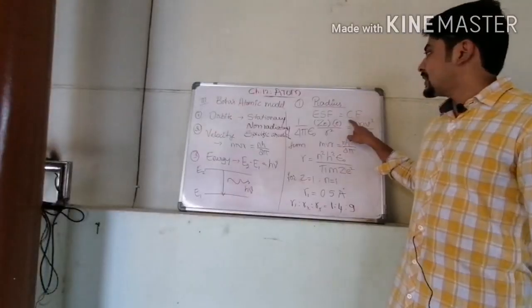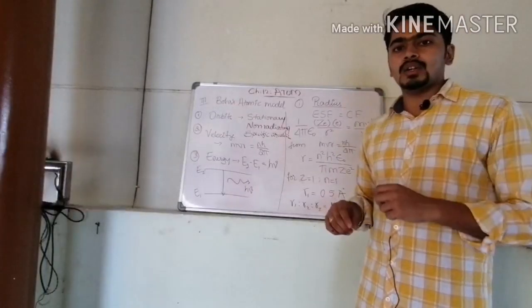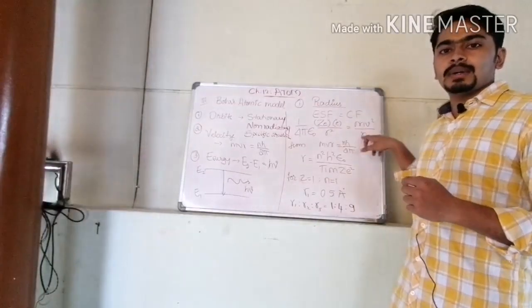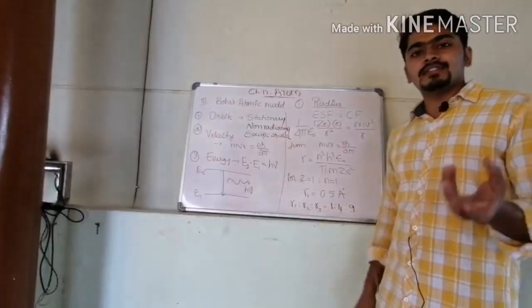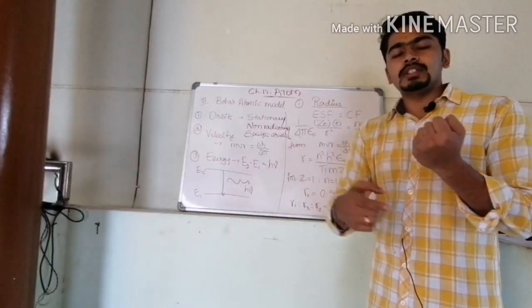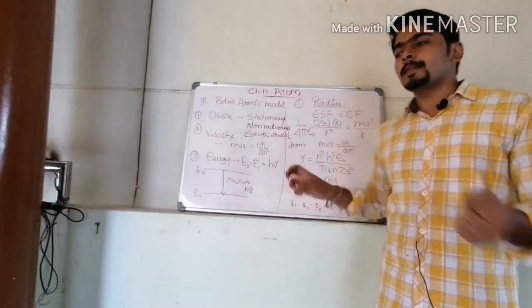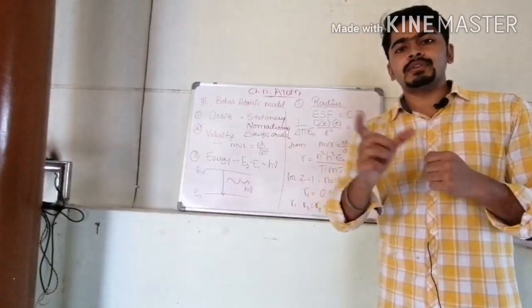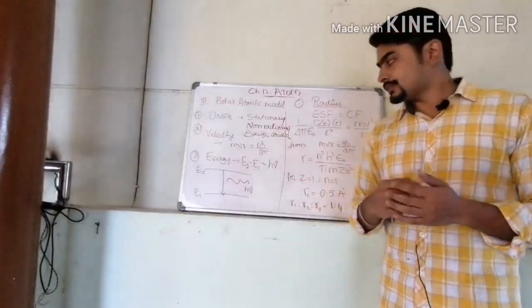Similarly, it is balanced by the centripetal force of the electron. The centripetal force is mv square by r. Here m is the mass of the electron, v is the velocity with which it is revolving around the nucleus, r is the radius of the orbit, that is the distance between the nucleus and the orbit.